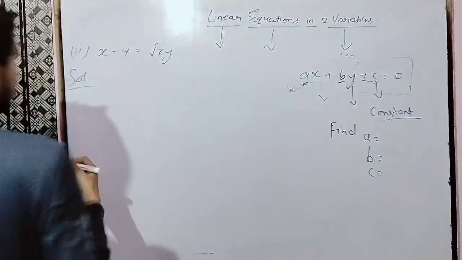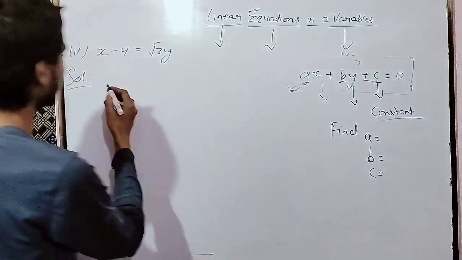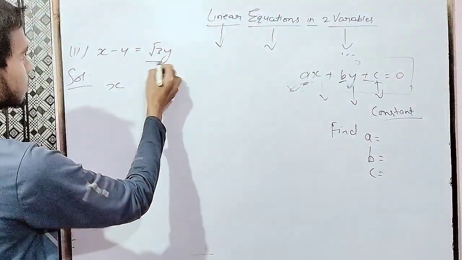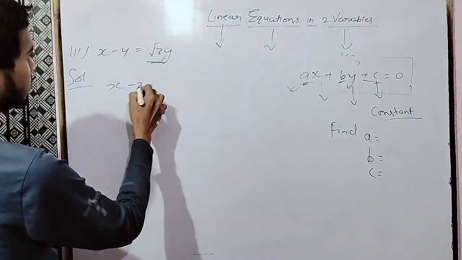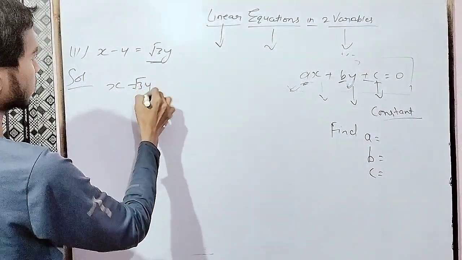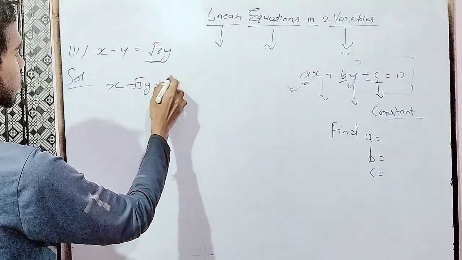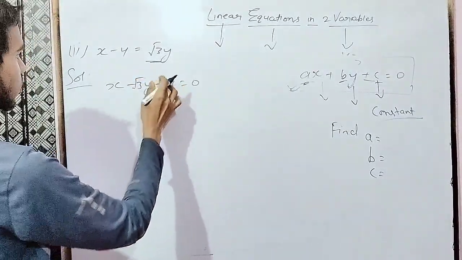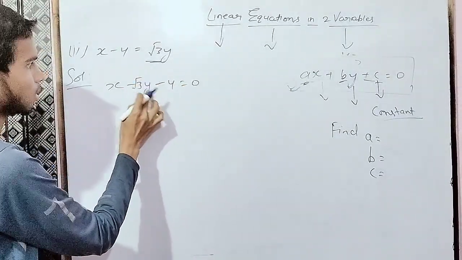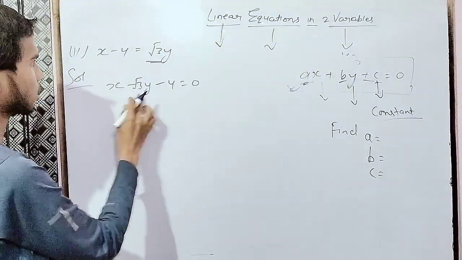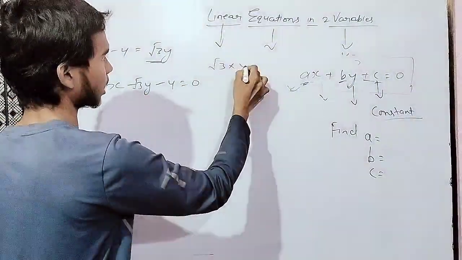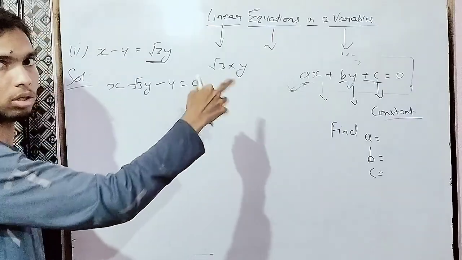First of all, you can decorate it in this way. For example, x and here this variable minus 4. Now you cannot say that y is under root. No, it is like that, 3 like that. So y is not under root.